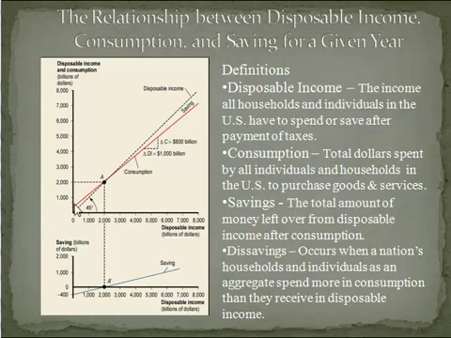As you can see, if American households as an aggregate brought home very little disposable income somewhere within this area, we would actually be spending more than we're making. So we'd actually go into debt to borrow to pay for our everyday living expenses.